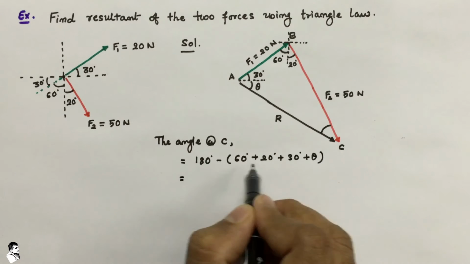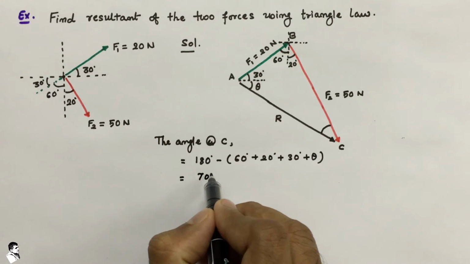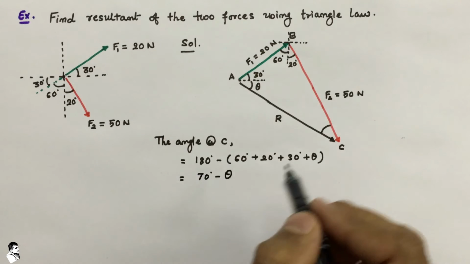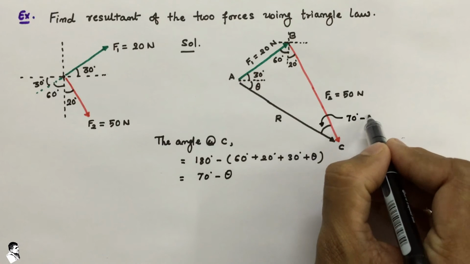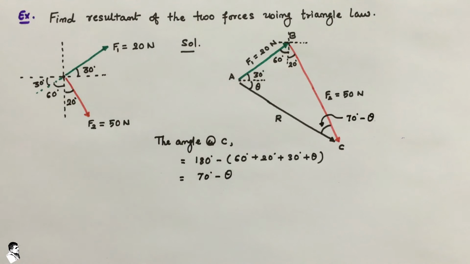So that equals, we can write easily, 70 degree minus theta. So this angle is 70 degree minus theta.